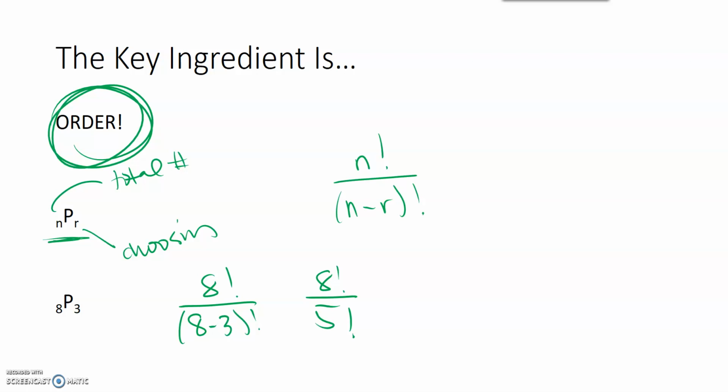Okay, for those of you that don't know, in the probability section on your calculator, so if you hit the math button on your graphing calculator, you've got 5 columns on there. If you go over to probability, what you have there, you actually have the nPr option.